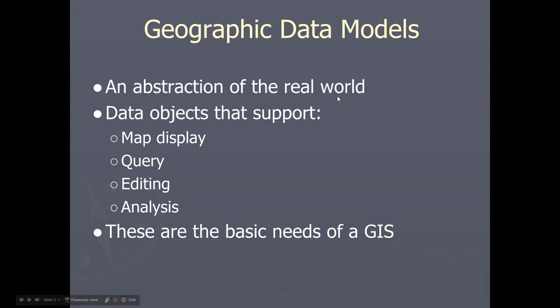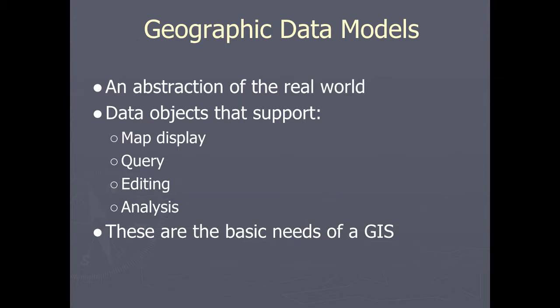As a reminder from the introductory PowerPoint we did, geographic data models are an abstraction of the real world. They're how we store real world information in a computer by way of storing geometries or shapes like points, lines, and polygons, and the attributes that describe those points, lines, and polygons.